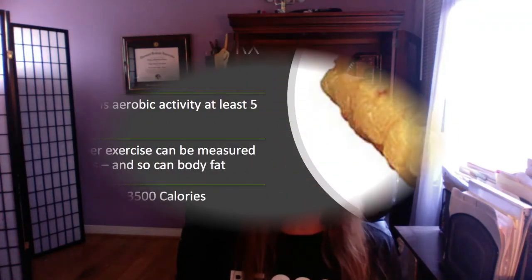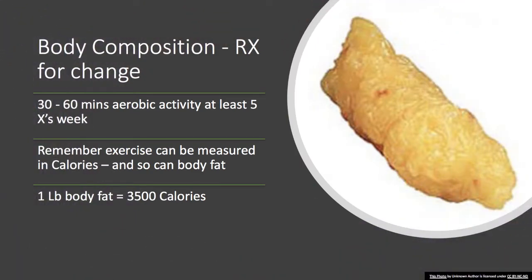Because what we're trying to do, right, if energy in and energy out makes you stay the same, then what we want to do is put more energy out than the energy we're bringing in. So exercise to change body composition would be exercises that require a lot of activity, so aerobic activity, those activities that burn a lot of energy.